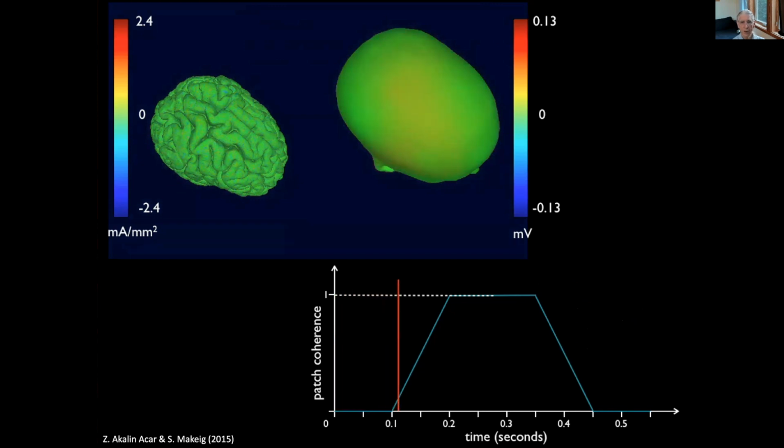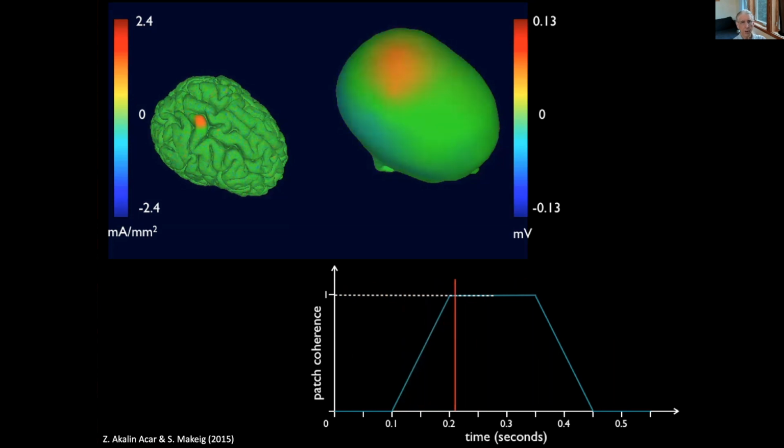Why? Because there's phase cancellation. But when one patch becomes phase coherent, then the net projection to the scalp becomes large. At all times during this animation, all million cortical voxels are equally active. So then why the large change in the scalp EEG? It's because the spatially coherent activity acts as an effective source of the EEG.